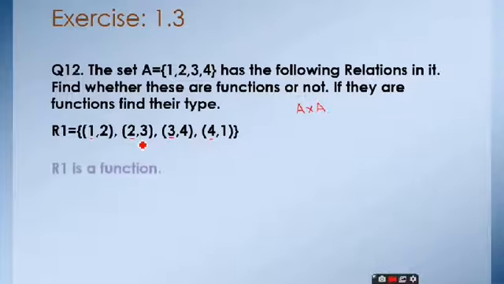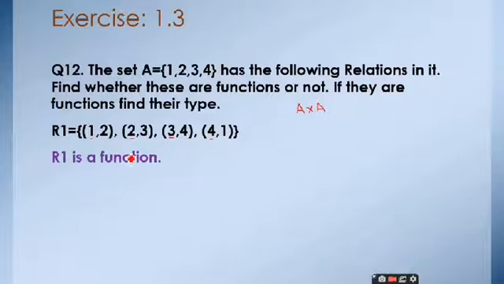Now we have to see which type of function this is: onto, one to one, or one to one and onto. According to the onto function, the range is equal to set B, and if we see the range, it is 2, 3, 4 and 1, which is equal to set B, which is the second set A. So this is an onto function.